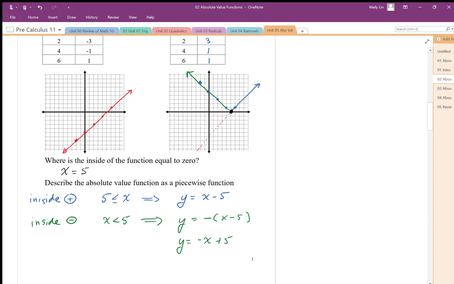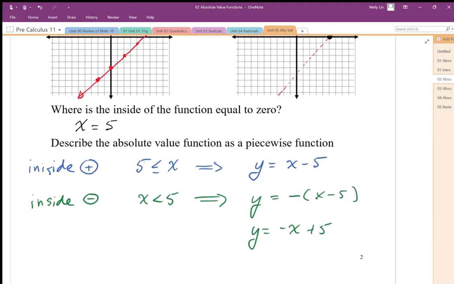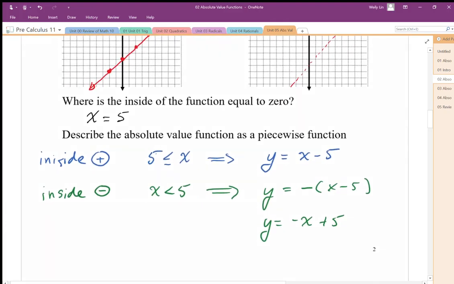Okay, got a y-intercept of negative 5. Okay, so this is how we describe the function as a piecewise function. It's very much the same as what we did before. It's this idea of positive and negative. And again, going back to the original idea of when we go backwards through the absolute value, we have to consider a negative version of that and a positive version of the inside.